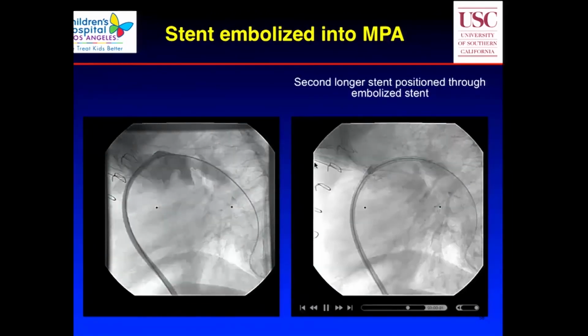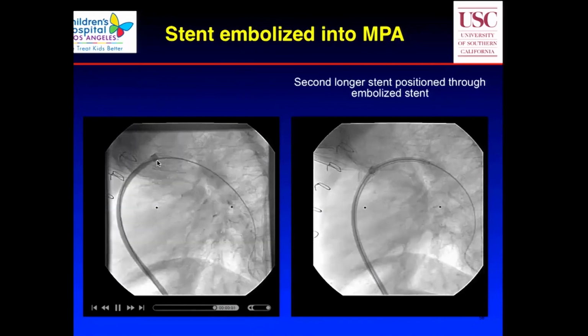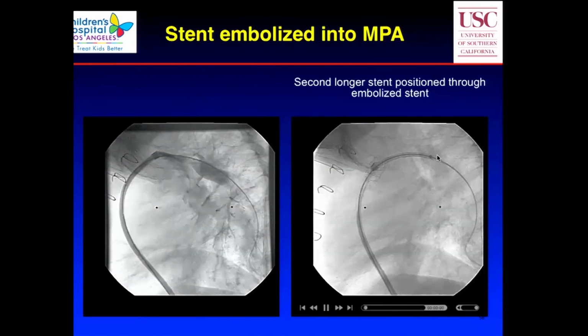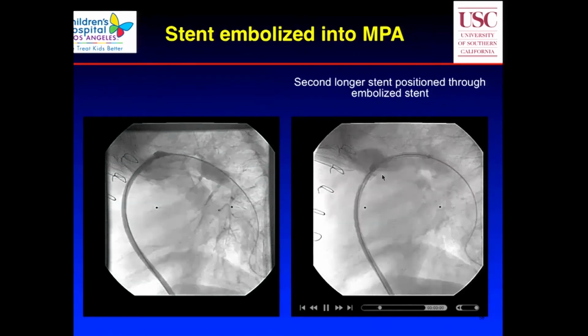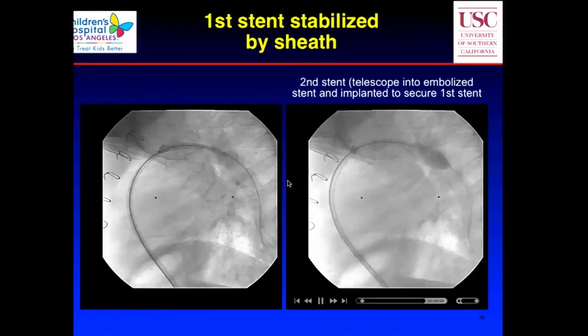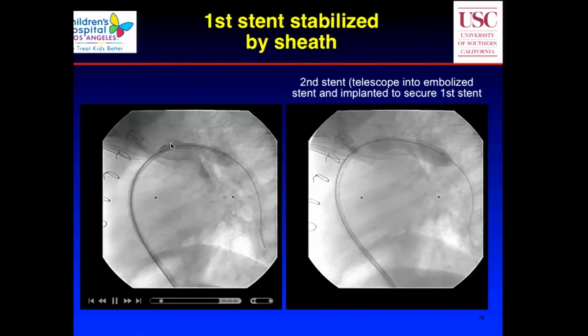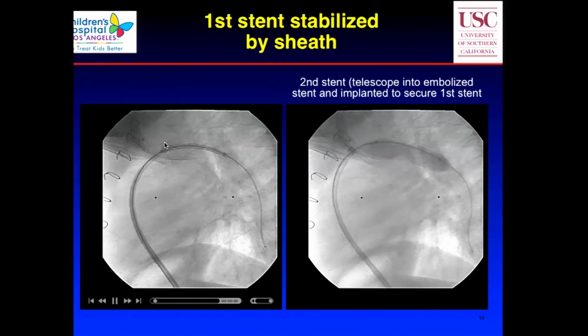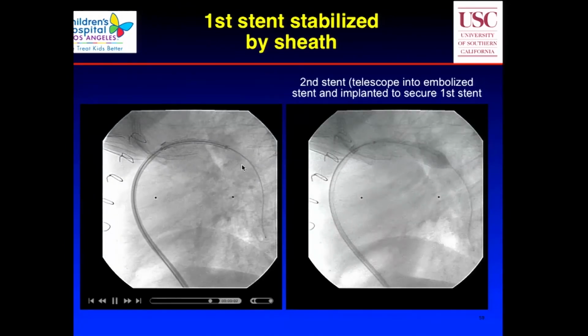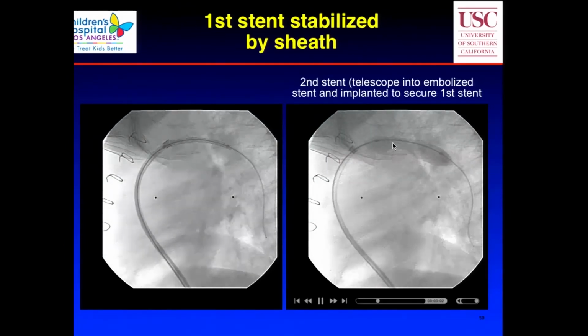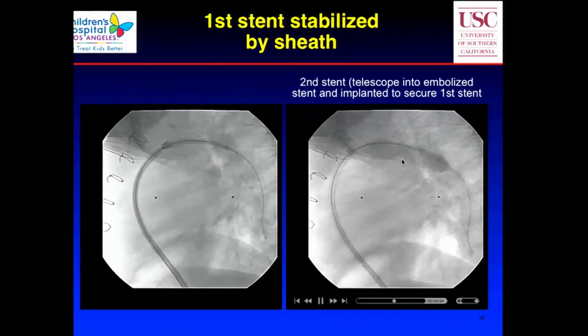So what he did was actually very smart. Okay, so here's the stent that's embolized. You can stabilize it with the sheath, but you put a longer stent in, and see how the longer stent is sitting across the stenosis, but here's the embolized stent here. And then you can pull back and then pin the embolized balloon with the sheath against the stenosis here, and then you can inflate. So by doing that, you're anchoring the embolized stent over the longer stent that crosses the stenosis.